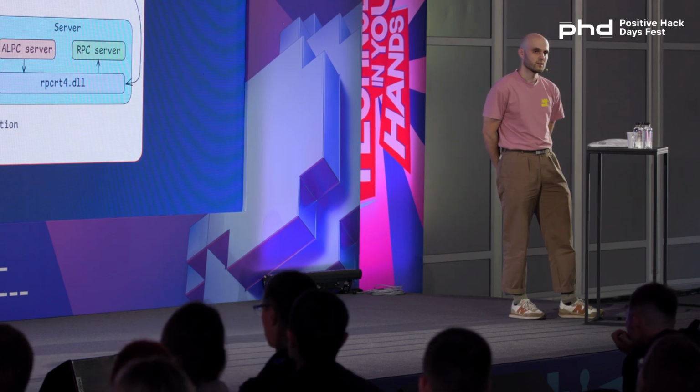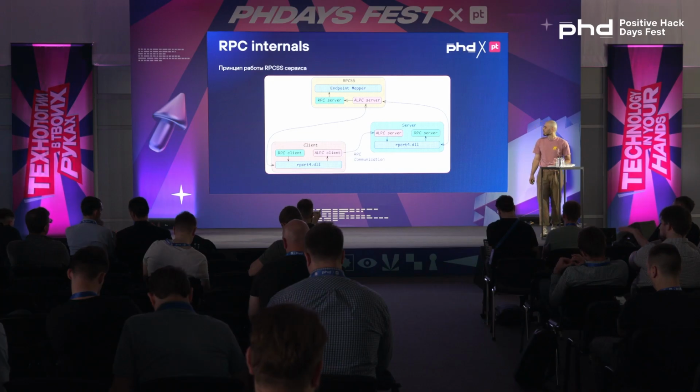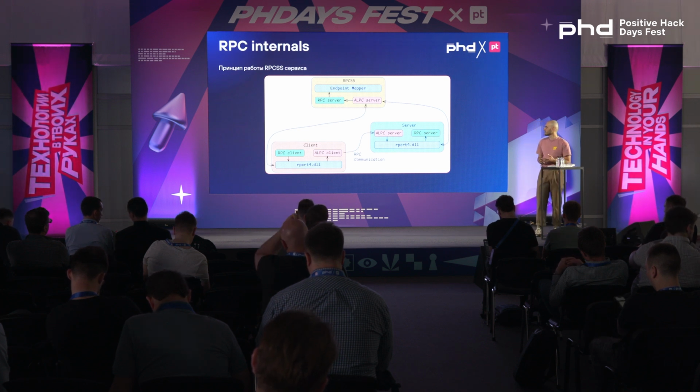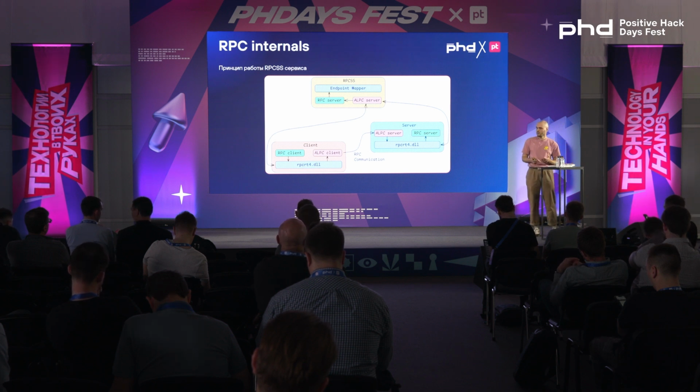And every time that the server is launched, to enable connections, it registers within the endpoint mapper, and then the client that, for example, only has the interface ID would ask the service for the name of the server that is running, that supports that interface. And the endpoint mapper would return the name of the server that the client will use to connect.